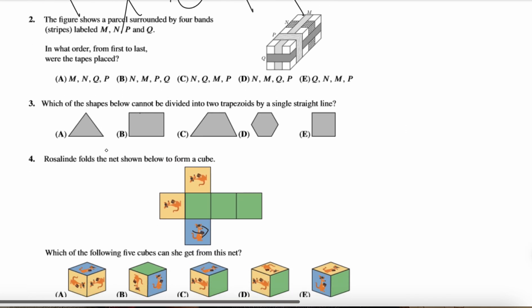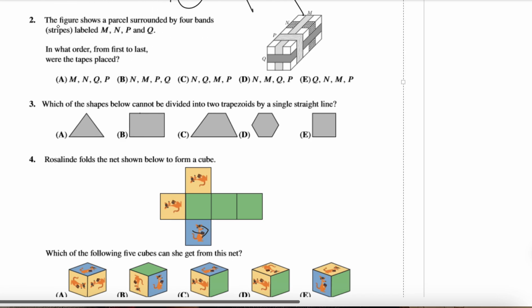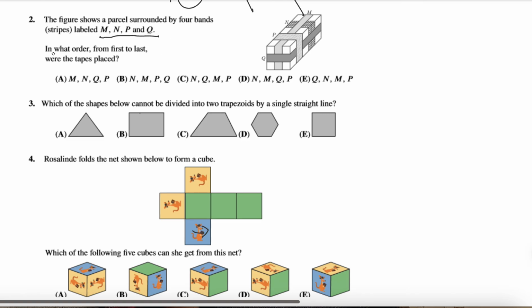Next question. In the figure shown, a parasol is surrounded by 4 bands labeled M, N, P, and Q. In what order from first to last are the tapes placed? If the tape is placed under all of the other tapes, that means it's placed first.